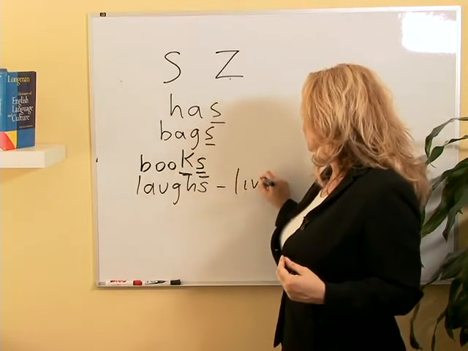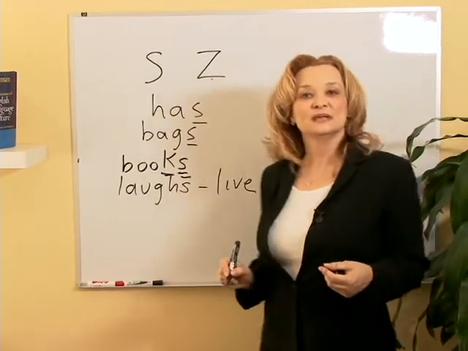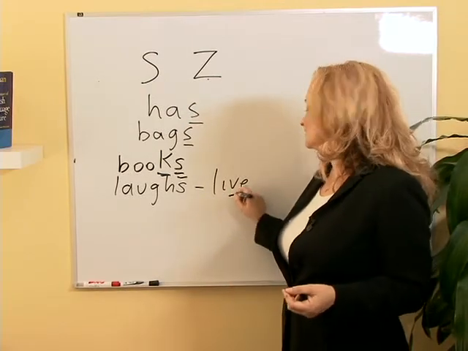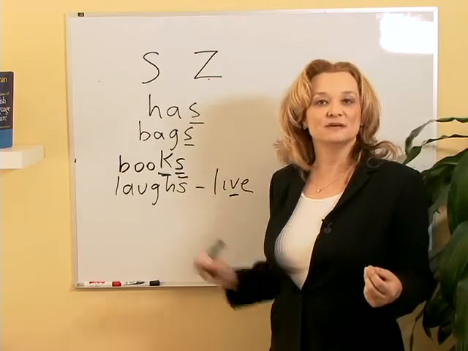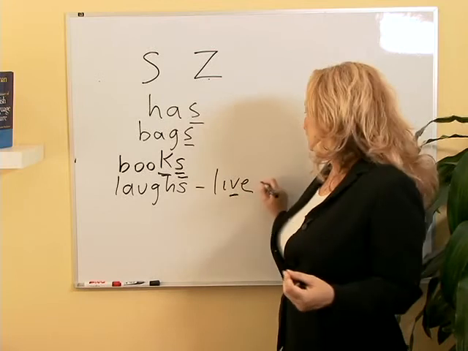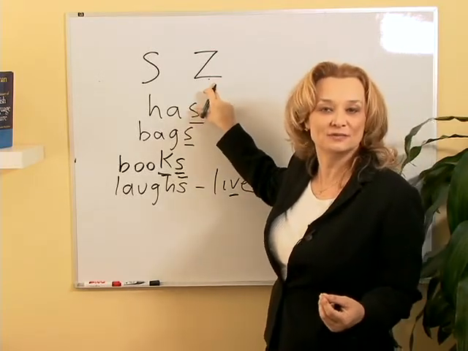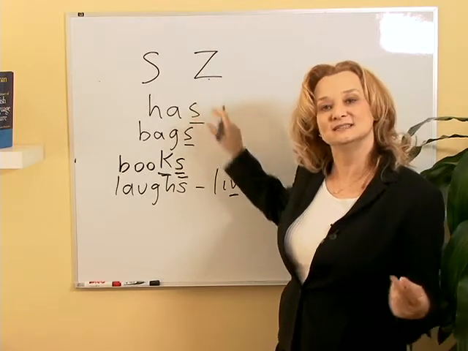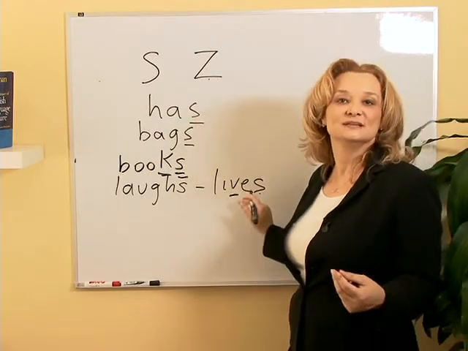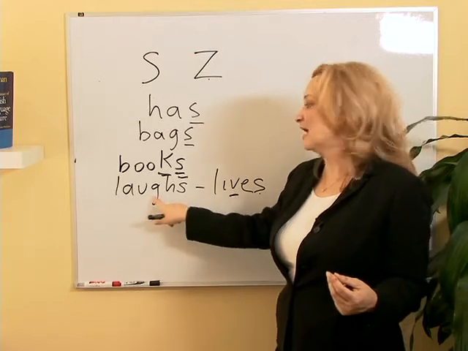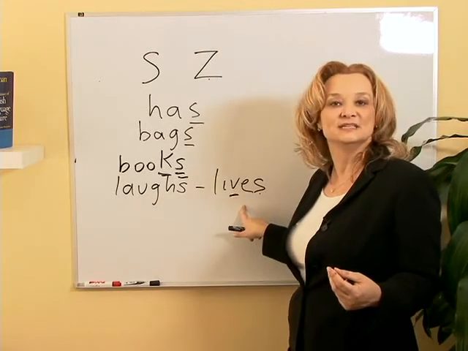Look at this word, live. This is a voiced sound, v, v. Therefore, this S is also going to be a voiced sound, which is a Z, lives. Laughs, lives.